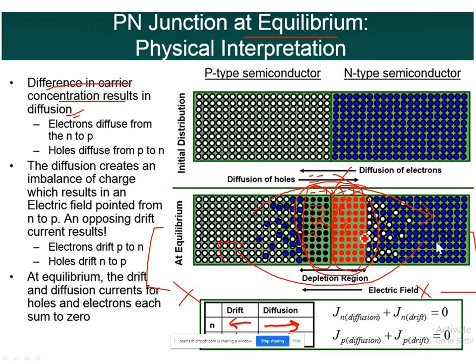So this itself is acting like some potential. Some electric field is developed here itself. We have positive, we have negative. So inside the depletion region itself, some potential is developed. That potential is called inbuilt potential or cut-in potential, right? There are different names.